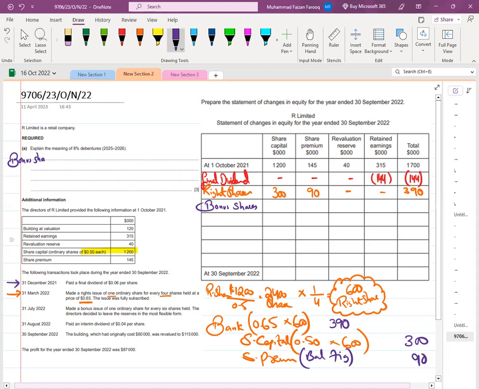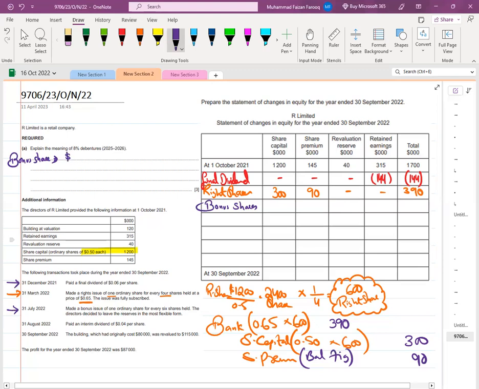Bonus shares. Next one is the bonus shares. First of all, tell me the fraction of bonus is going to be applied on 2400 shares or what should I do?